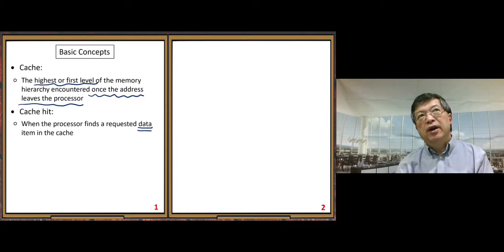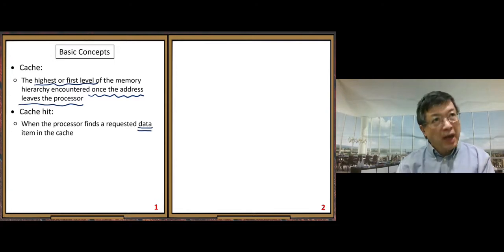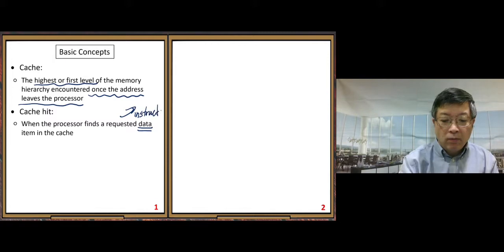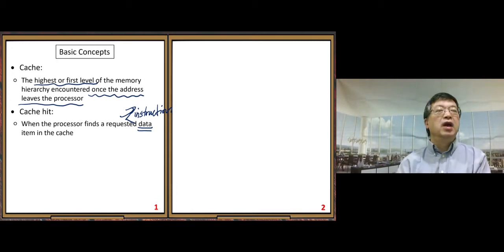Is there another possibility other than data item in the cache? Another possibility is instruction. So data or instruction, two possibilities.